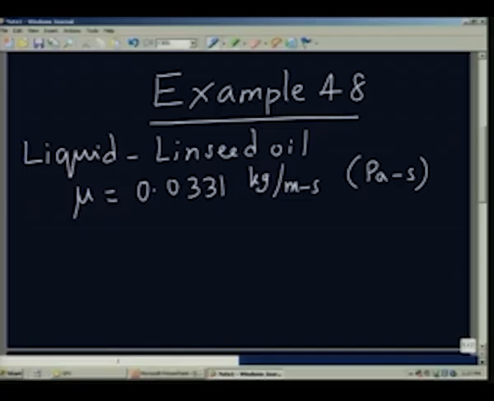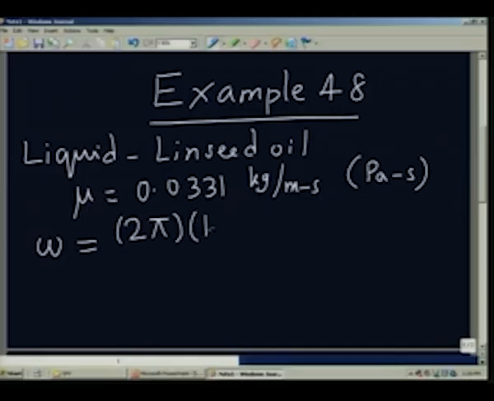The other important thing which is required is the angular velocity omega. Each rpm means 1 revolution per minute. 1 revolution is 2 pi radians, so I am going to multiply by 2 pi.